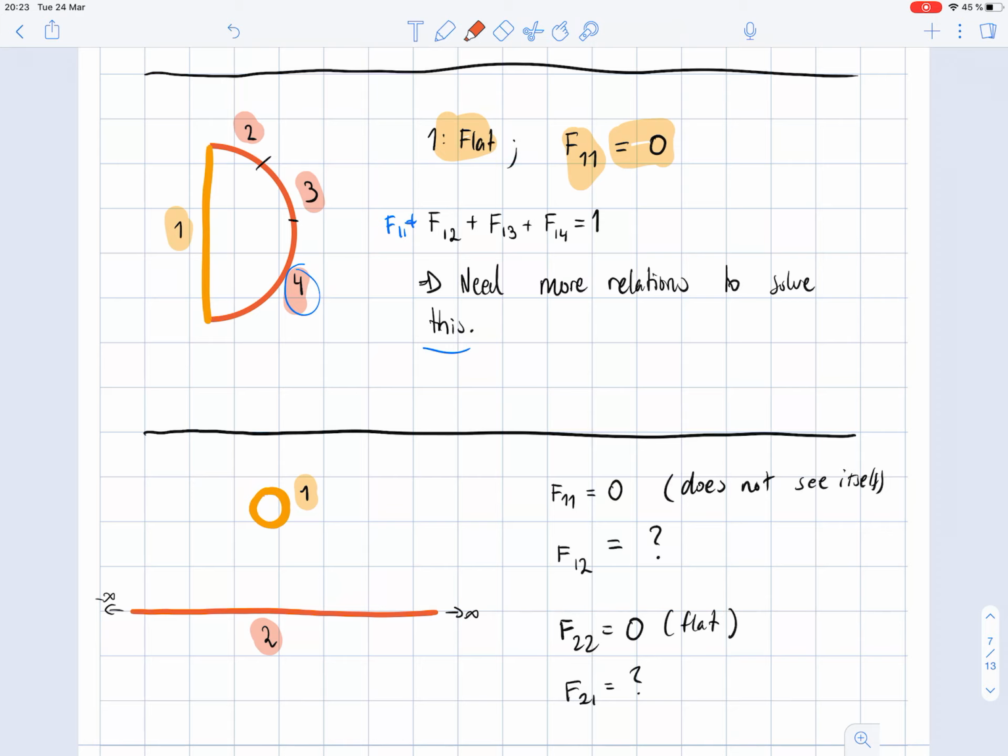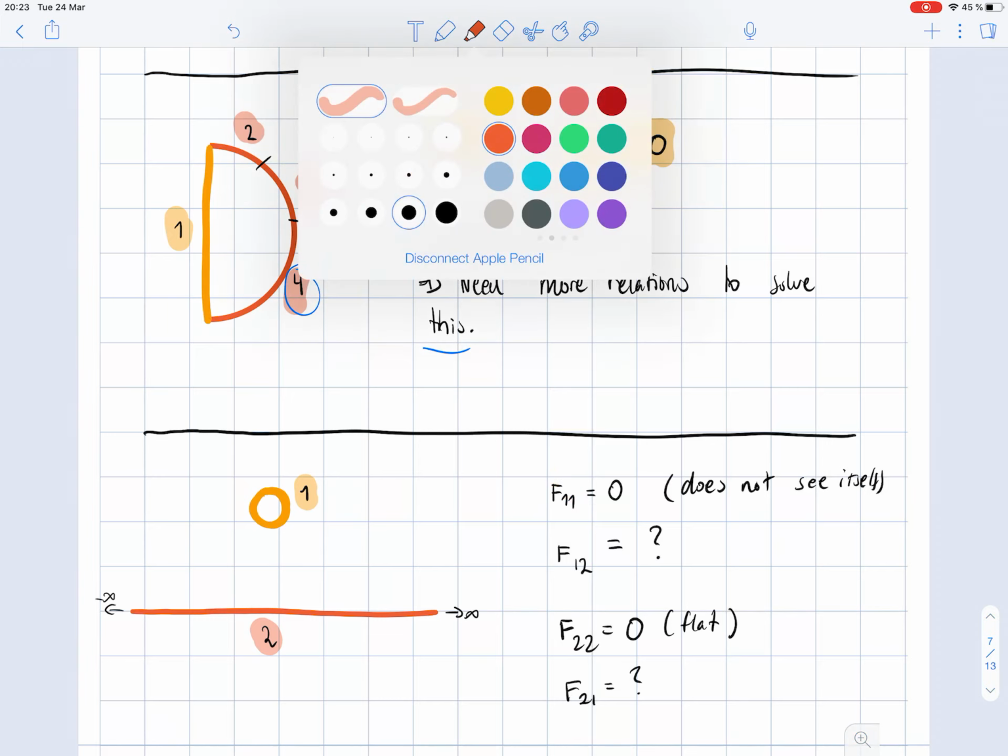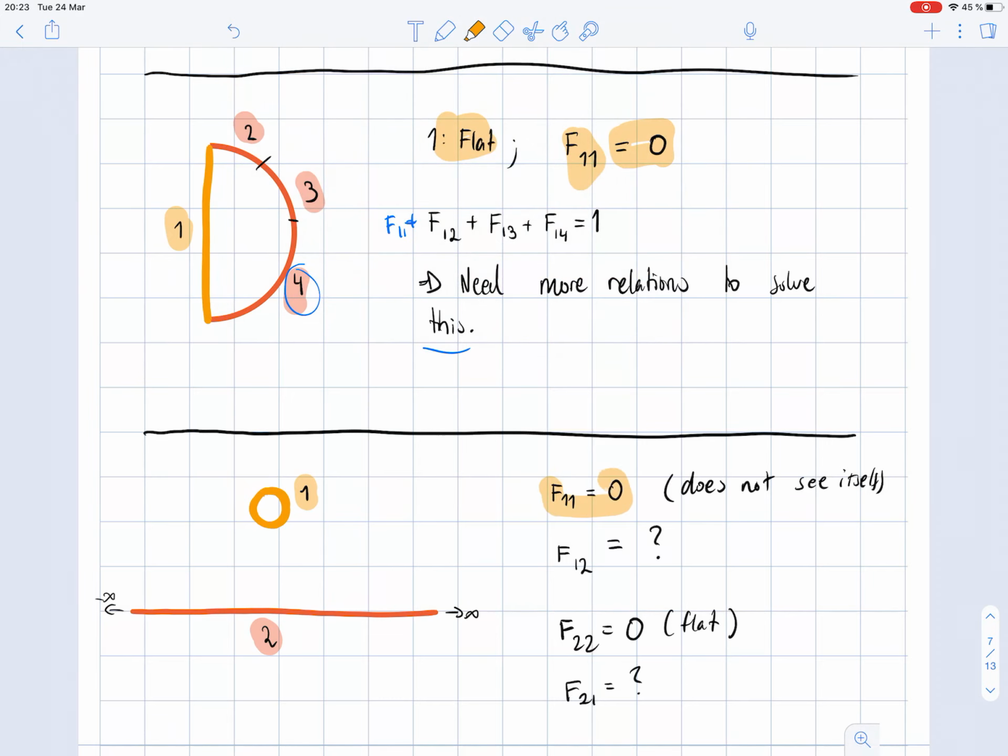Now, if we start to look at this, we will note that F11, the self-view factor, is equal to 0 necessarily. And that is because this sphere or circle does not see itself. So none of its radiation will be intercepted by itself.